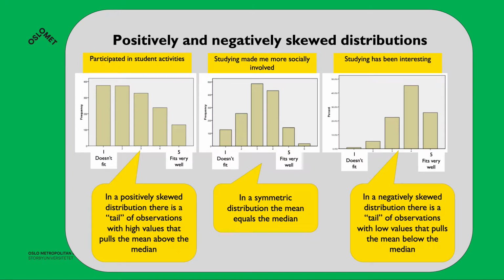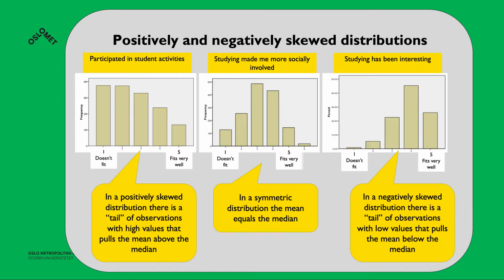Well, in a positively skewed distribution, there is a tail of observations with high values that pulls the mean above the median. So if the mean is higher than the median, you have a positively skewed distribution. And the reason why we say that this is positively skewed is because we are lacking units, or answers, on the positive side of the distribution.